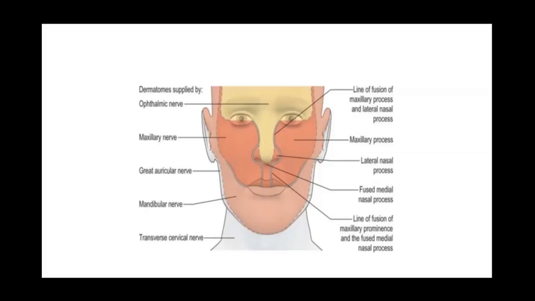So remember, again I repeat, the nerve supply is determined by the area from where it is developing. If you are in doubt about the nerve supply of an area, remember its origin and which arch has which nerve.